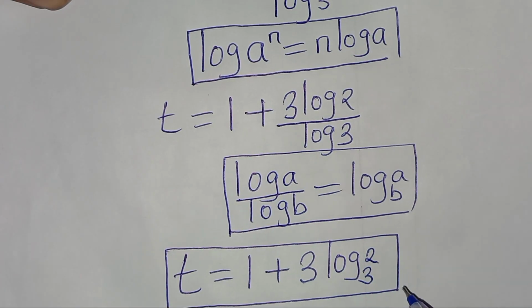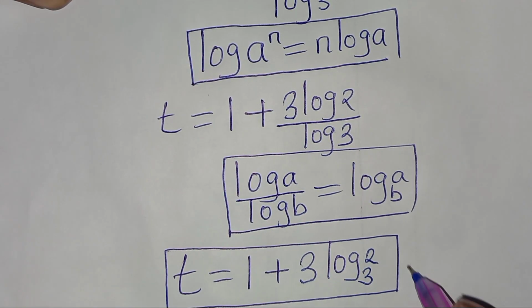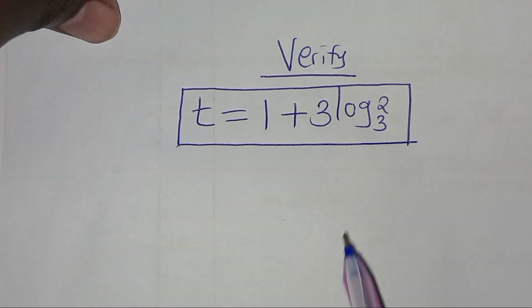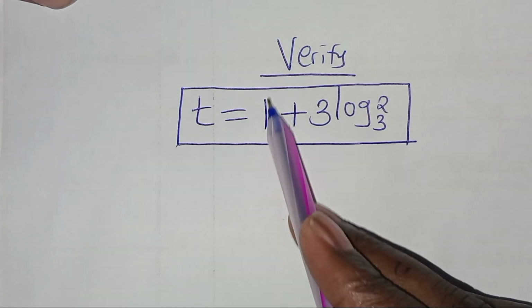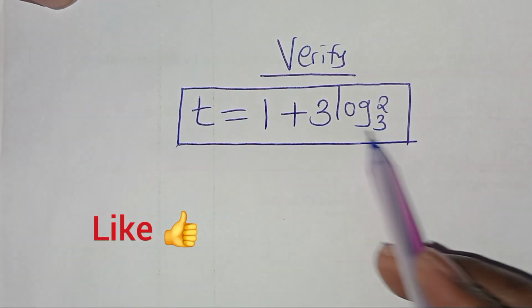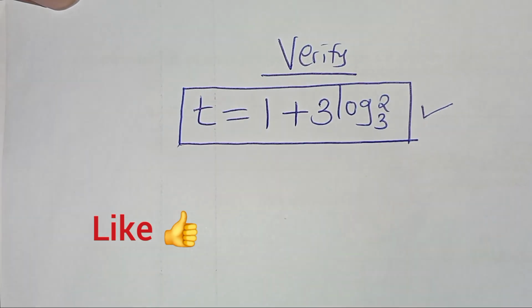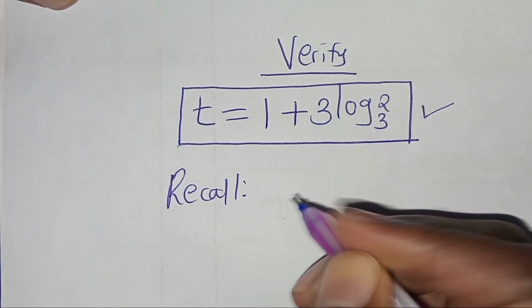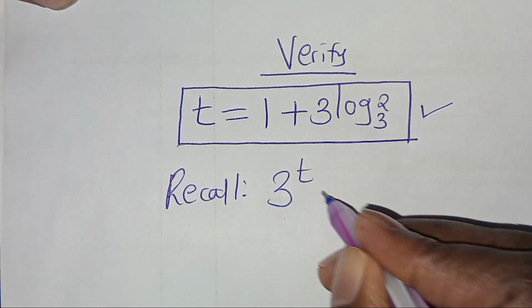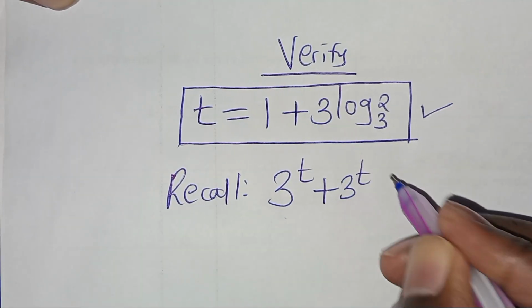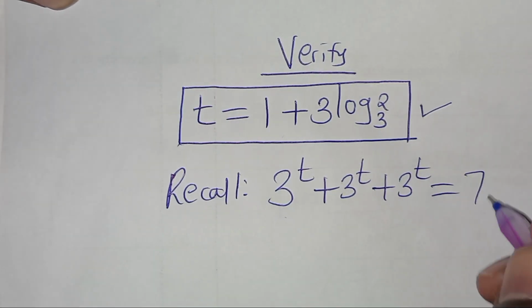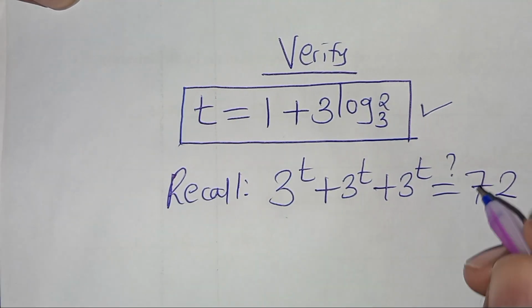So let's verify that this value of t actually satisfies the equation. Now let's verify that the value of t, which is 1 plus 3 log 2 to base 3, actually satisfies the equation. If you recall, we have 3^t + 3^t + 3^t, and this should give us a value of 72.